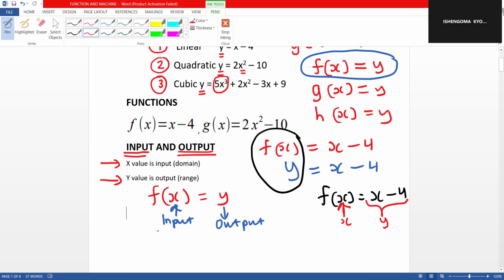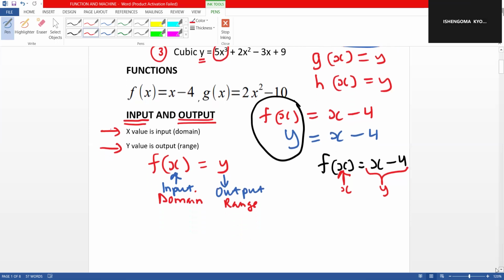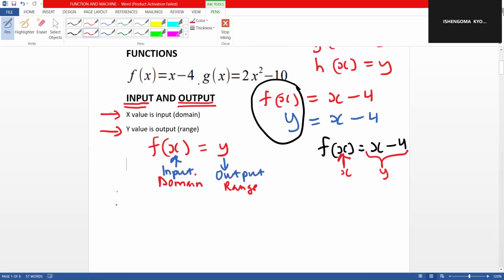Sometimes also the x is known as the domain, and y is known as the range. These are different names given to x and y when we are dealing with the function. What do we mean with the input? Take an example. We have our function above, which is x minus 4, and we say this is exactly the same as y is equal to x minus 4.